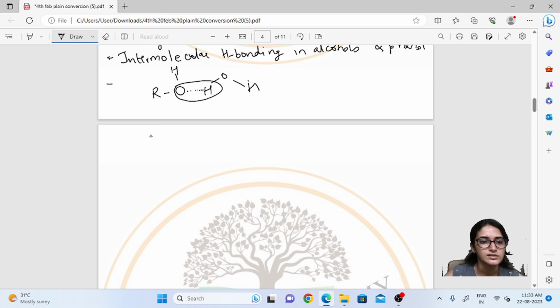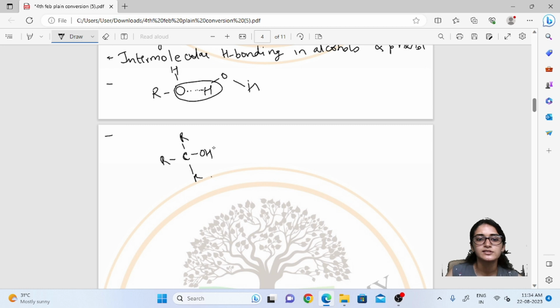But what happens if you add more and more alkyl groups to the alcohol? If I have an alcohol which has three R groups attached to the carbon bearing the OH group, then the solubility and boiling point will decrease. Because of more and more alkyl groups, the polarity between this carbon and oxygen becomes weak.